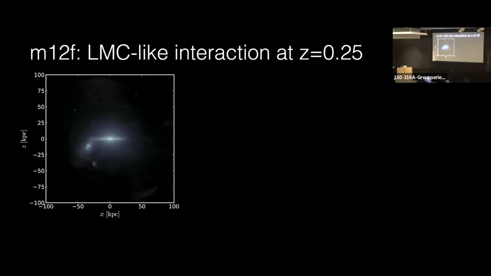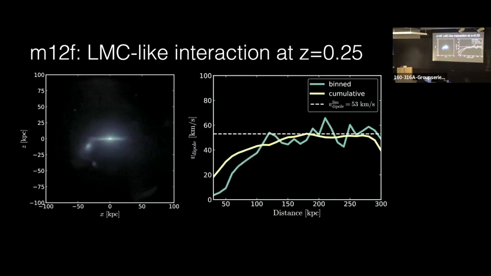And if you apply essentially the same algorithm that Petersen and Peñarrubia use on the Milky Way halo, you get a dipole measurement that looks like this. As a function of distance, we're looking at what the dipole measurement is.